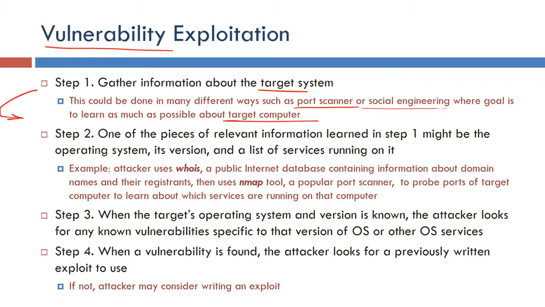The second step is very much related. One of the pieces of relevant information learned in step one might be the operating system, its version, or a list of services running on it.